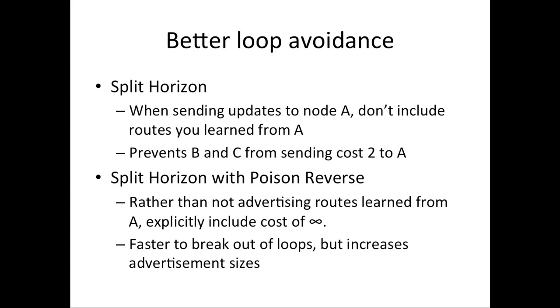There's a little addition called poison reverse. The idea is you explicitly include the cost of infinity when you advertise that route. So when B advertises cost to A, it'll say the cost is infinity. Earlier it was implicit, it just didn't advertise the route.